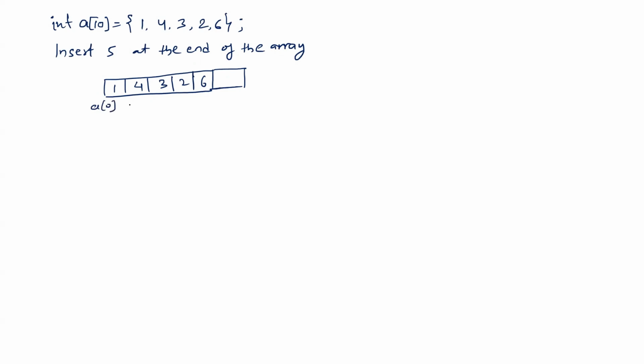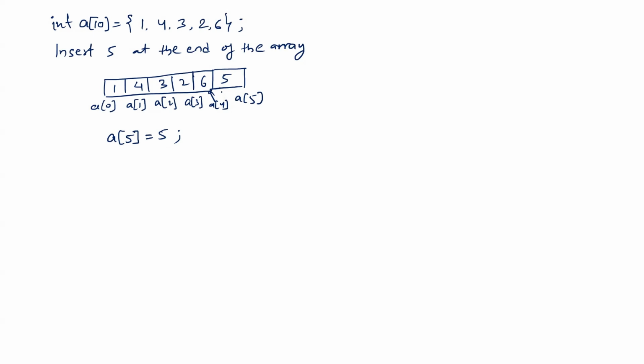So this is A of 0, A of 1, A of 2, A of 3, and this will be A of 4, and the sixth element will be A of 5. If you want to insert the value here, simply put A of 5 is equal to 5. So in this position, 5 will be inserted.